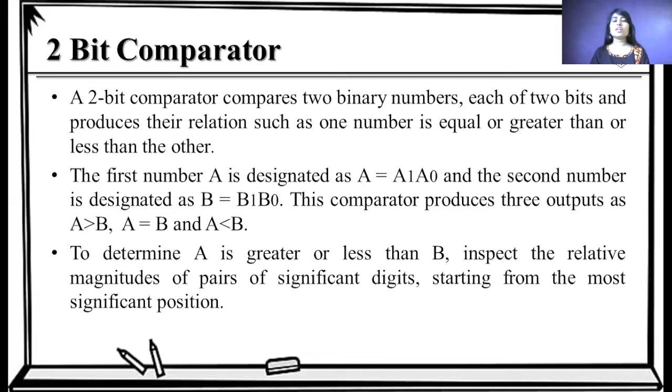If A0 is less than B0, we make the output for A less than B. If A0 is greater than B0, we have the output A greater than B. But if A0 equals B0, that means A1 equals B1 and A0 and B0 are also the same, so we deduce the expression A equals B. So this is how we calculate for 2-bit comparators, and how we compare 2-bit numbers.